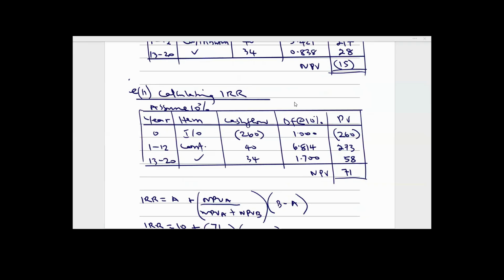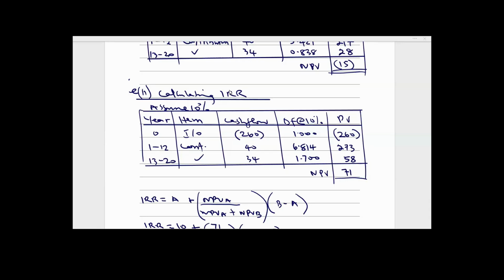Sir, I think it will happen where they did not ask you to compute NPV. Yes. So if in the question now you are just asked to calculate internal rate of return, you have assumed 10%. This 10% is positive 71. So you need to increase your discount rate to get a negative NPV.